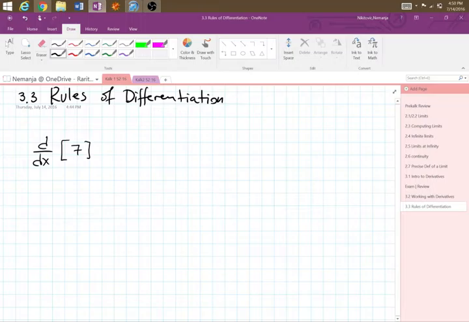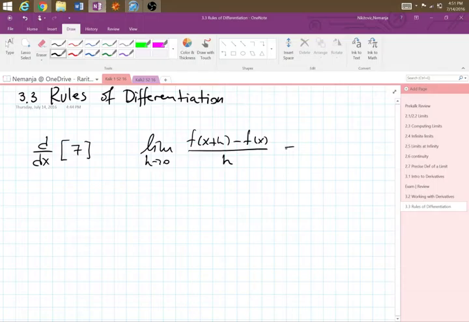Well, we would have to compute the limit as h goes to 0 of f of x plus h minus f of x, divided by h. But in this case, the function is 7 at all times. So you would get a 0 in the numerator, because it will be 7 minus 7. So the answer would be 0.